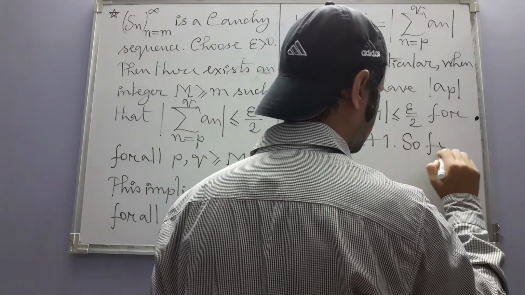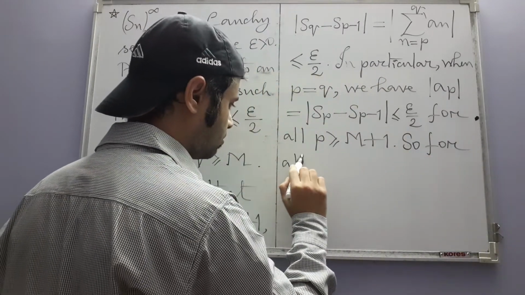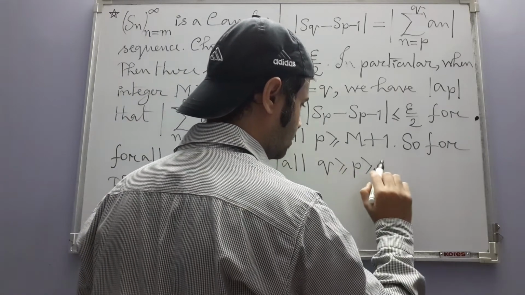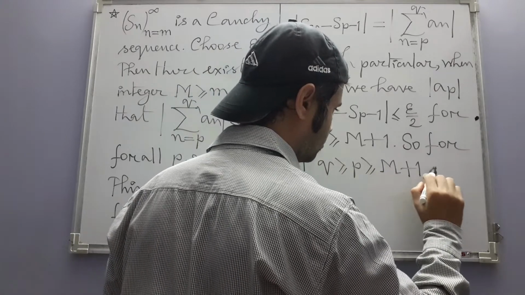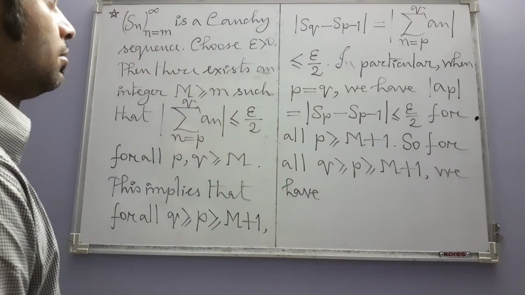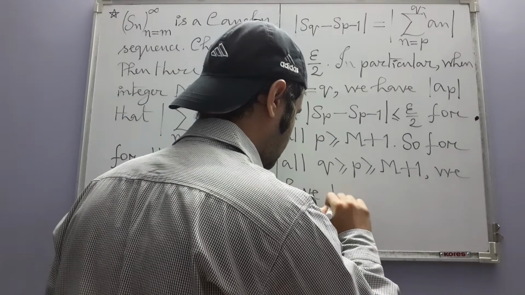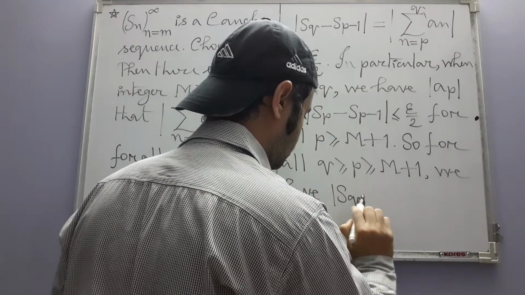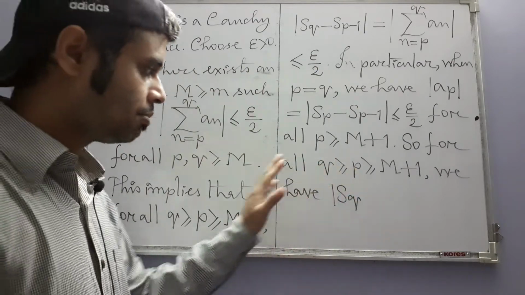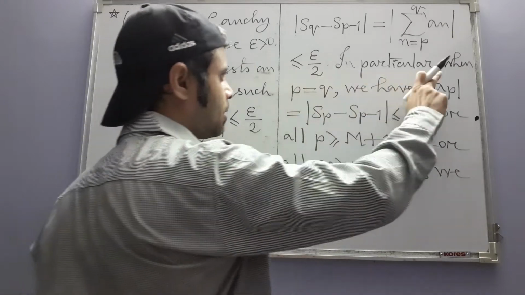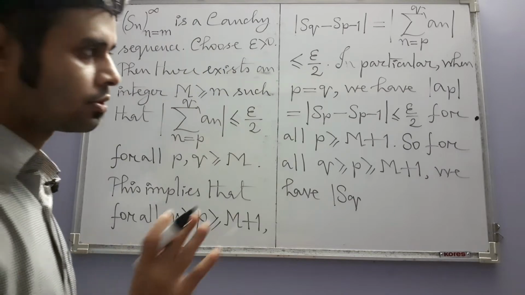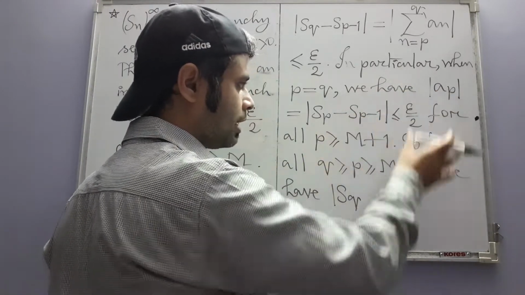So for all Q greater than or equal to P and P greater than or equal to M plus 1, we have... okay, now we are back with general P and Q. Okay, now P and Q are not equal. This is a special case from which we are getting this thing. So we are going to use that separately.